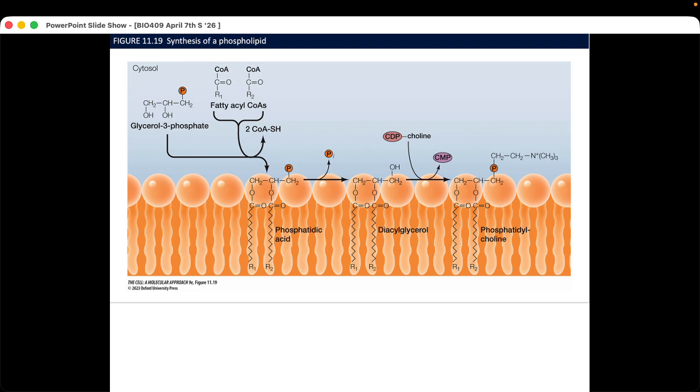Because there's synthesis happening here, and that means there's enzymes and chemical reactions, and the enzymes are hydrophilic, and so they're on this surface. And so this is where the chemical reactions are occurring to deal with lipids and fats.